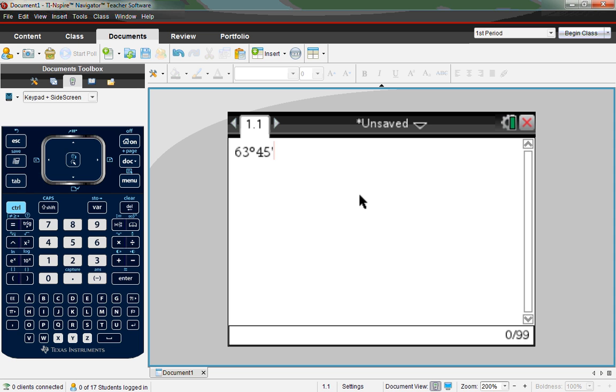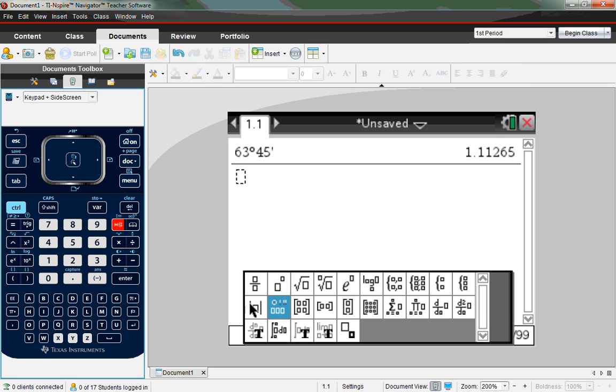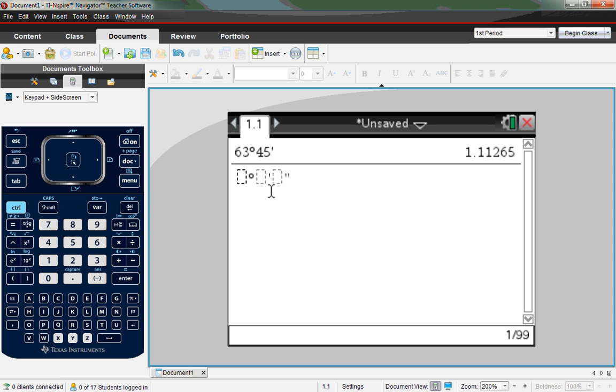Okay? If you can't find it there, I'm going to hit enter just to show you guys this. That gives you the radian measure. That's not what you want. Another way to find it is by hitting the number to the right of number 9. Right here in the second row, second column, is degrees, minutes, and seconds already.